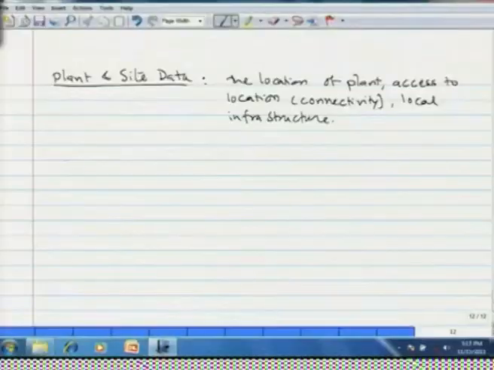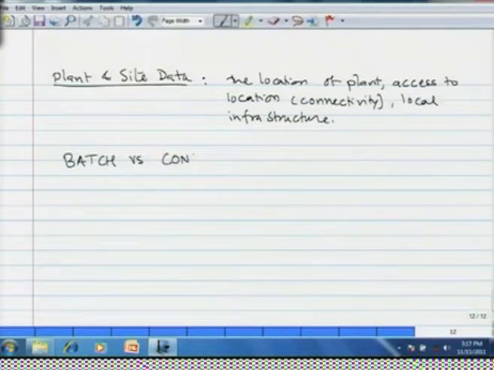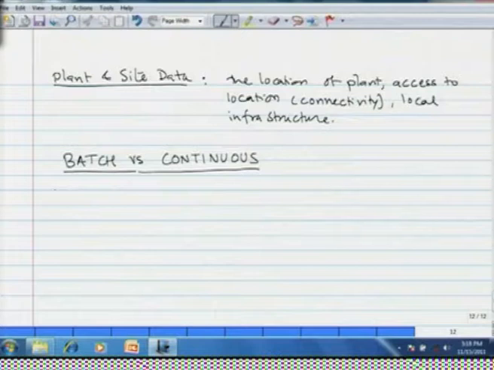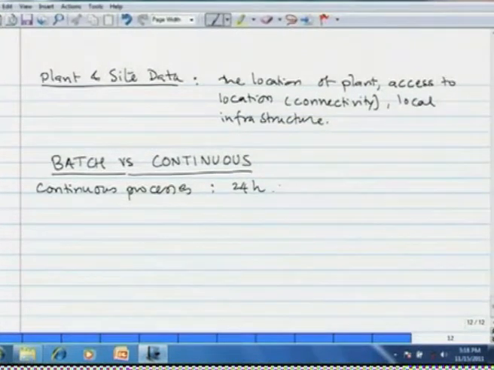Now, when we want to decide whether we want to go for a batch process or continuous process, we need to take into consideration some more factors. Now, continuous processes are typically 24/7, that is, they operate 24 hours a day and 7 days a week.